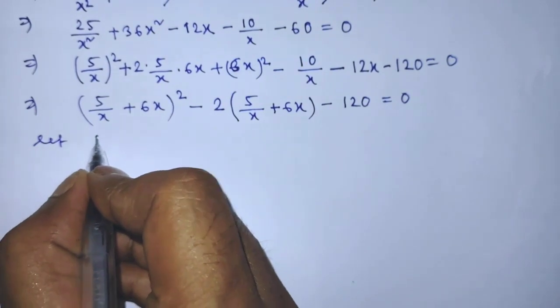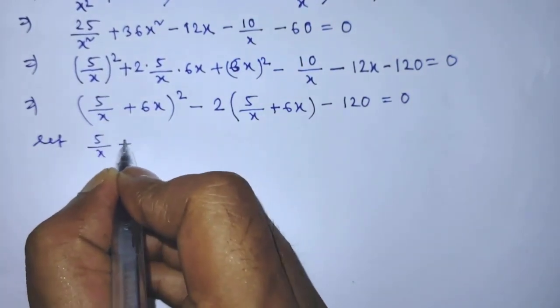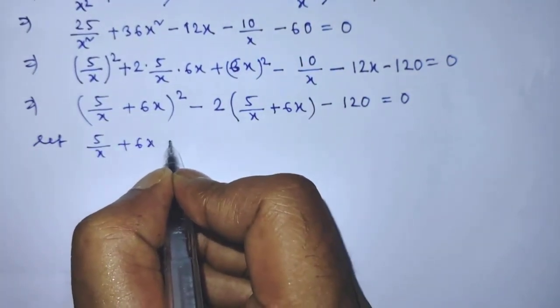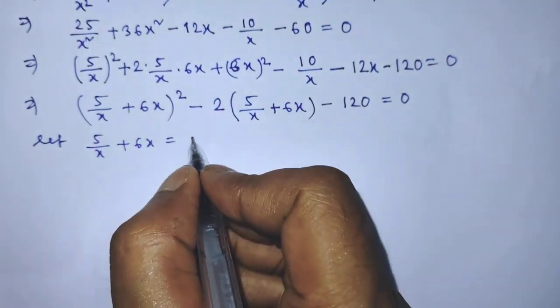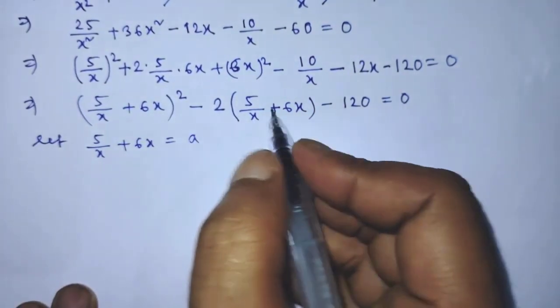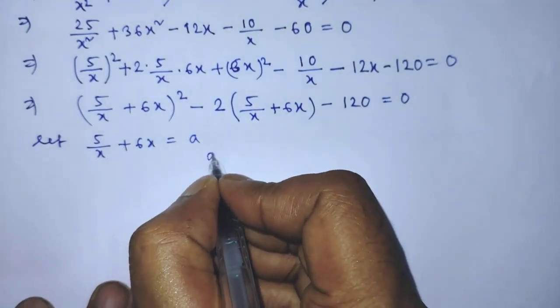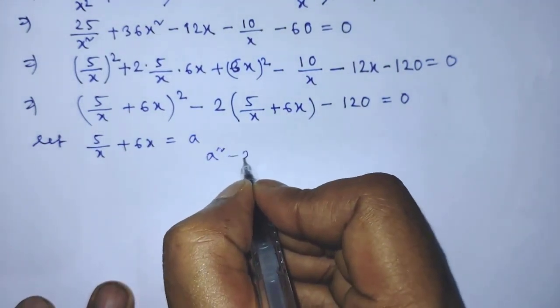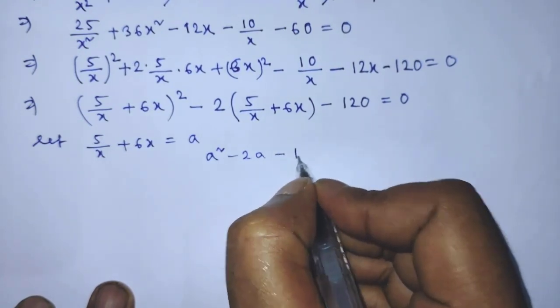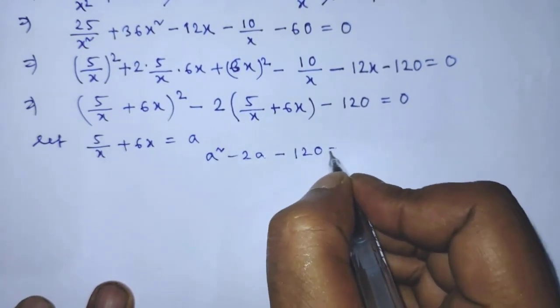Let 5 over x plus 6 times x is equal to a. Then this equation becomes a square minus 2a minus 120 is equal to 0.